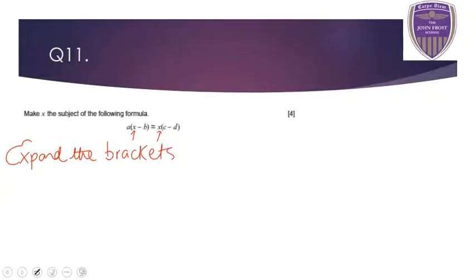On the left-hand side, you've got a times x, which is ax, minus a times b, which is ab. On the right-hand side, x times c is xc, minus x times d, sorry, I didn't put the c in, x times d, which is minus xd.